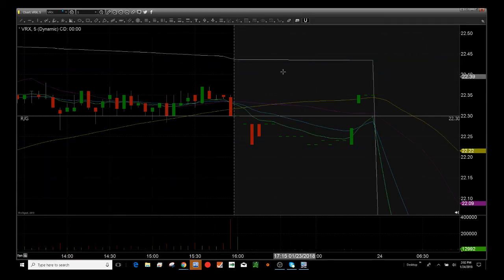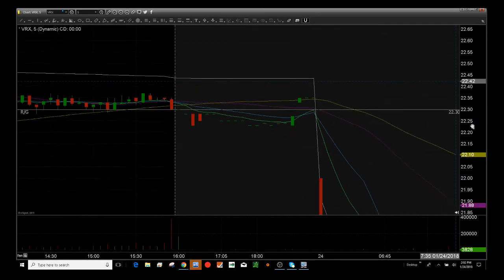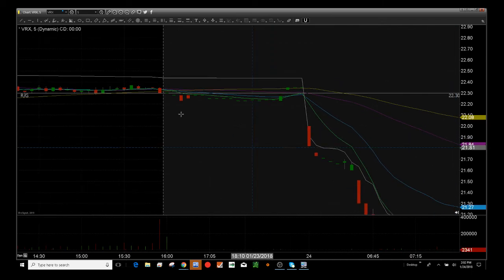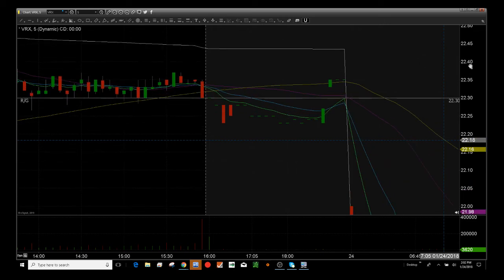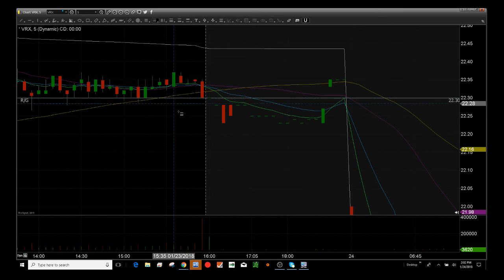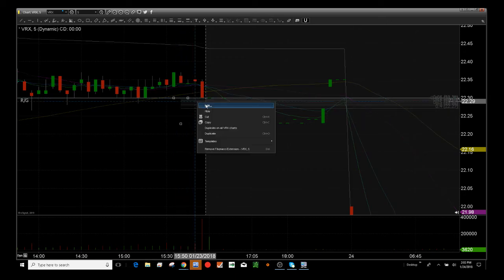All right, so once I draw this red to green line, what I like to do is to draw these percentages, basically how far the stock has moved up or down.